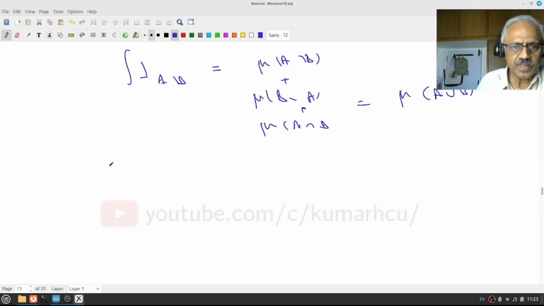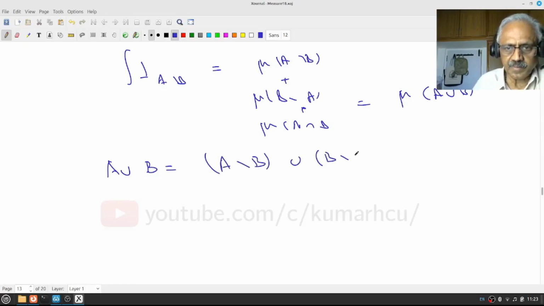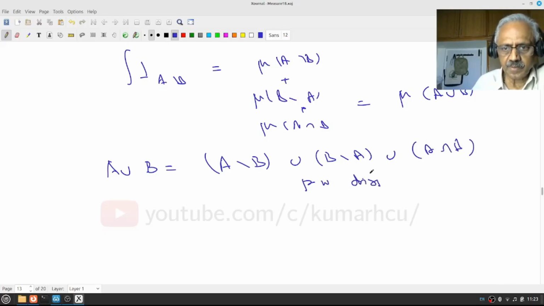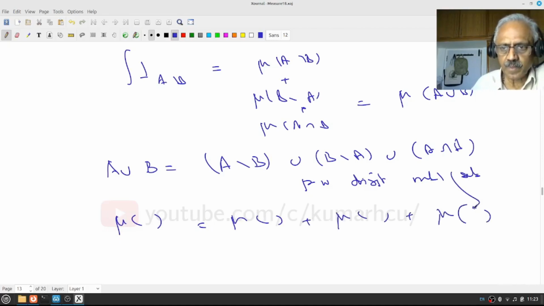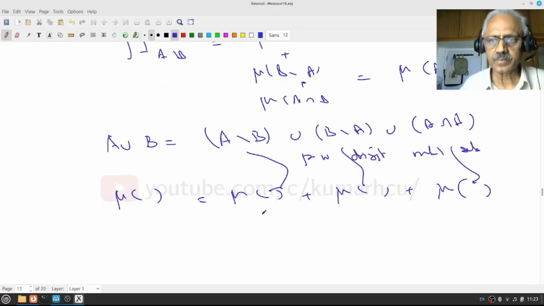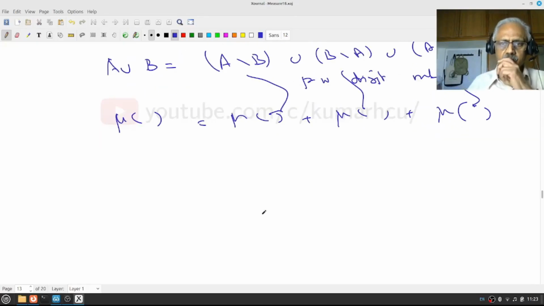That is because of finite additivity. A union B is A minus B union B minus A union A intersection B, pairwise disjoint measurable sets. Therefore, mu of this equals mu of this plus mu of this plus mu of this.